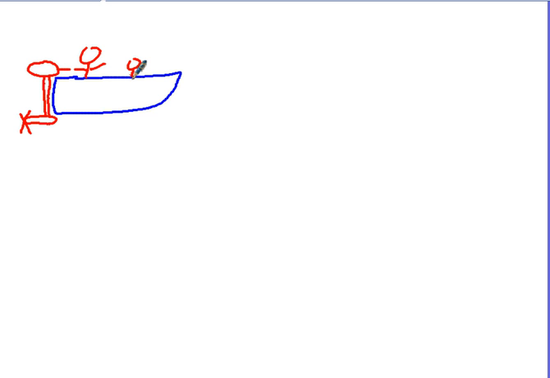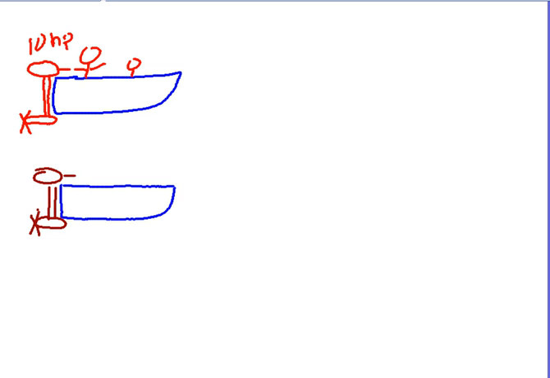If the motor is a 10 horsepower motor, that motor will be strong enough to move those two people along. However, if the father goes out and buys a new motor, and this motor is a 25 horsepower motor, there's greater force, so the acceleration on this boat will be that much greater than the acceleration on the first boat.